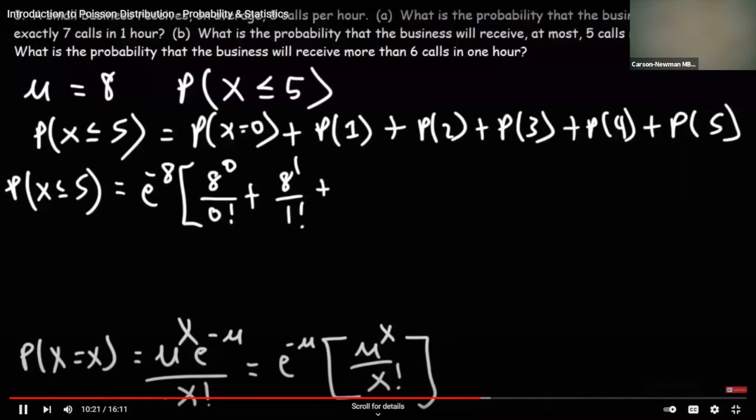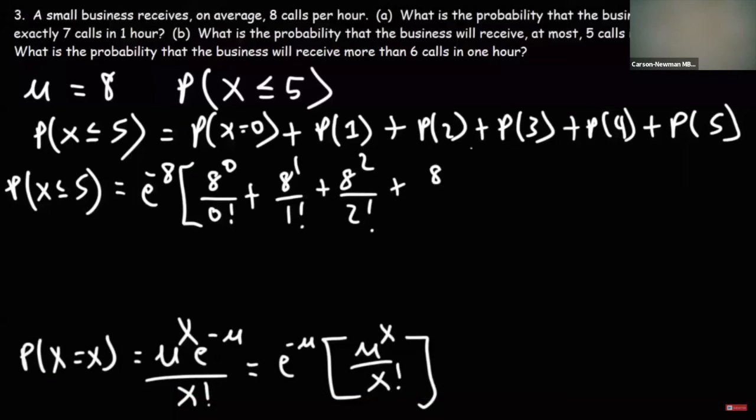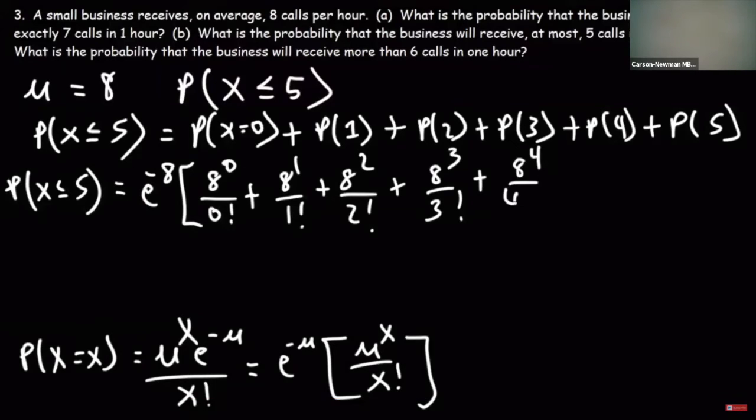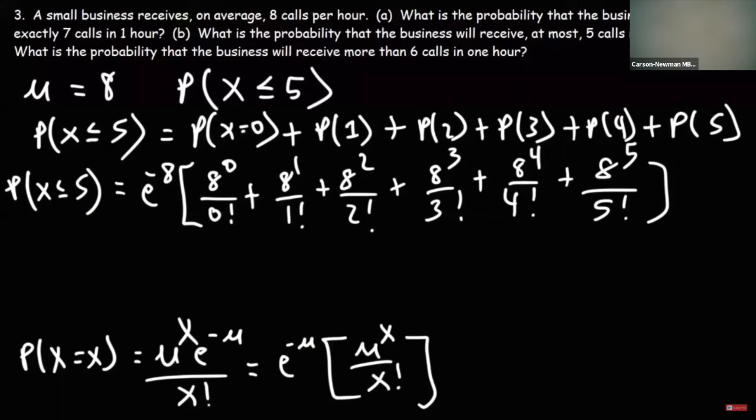That mu value. And then when x is 2, and so forth. And then you could just follow the pattern. So this makes it a little easier to calculate the cumulative probability values. So go ahead and type this in your calculator. E to the 0 is 1.